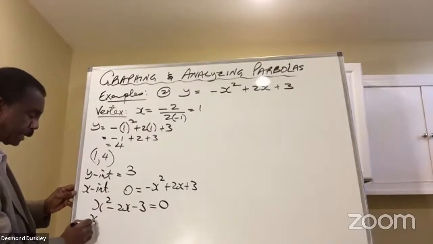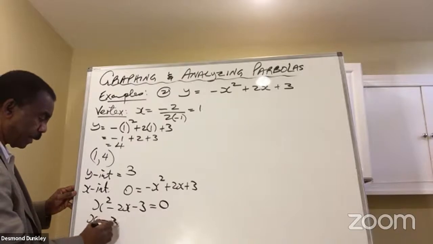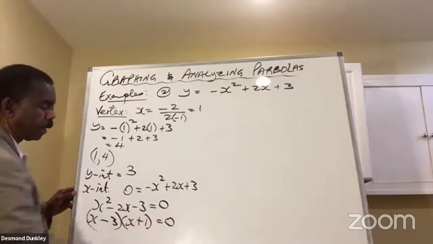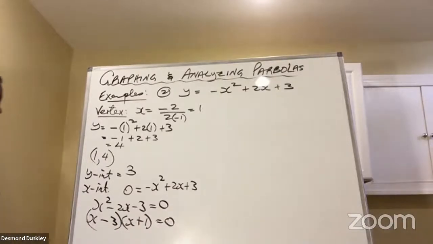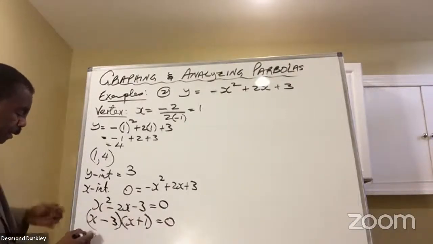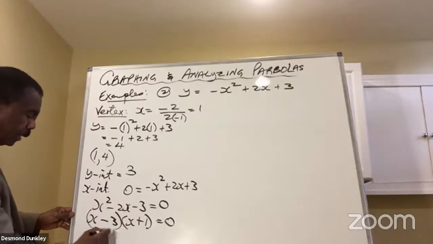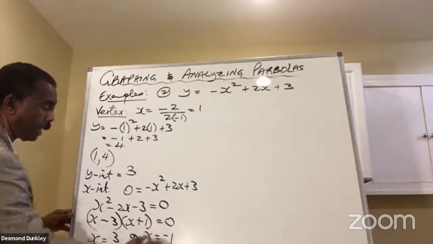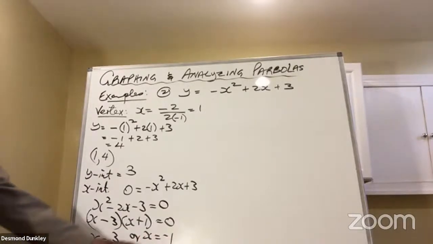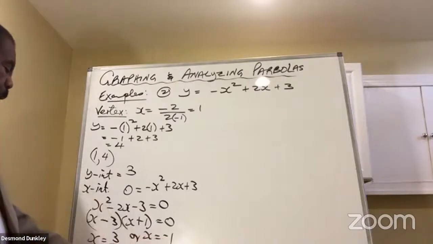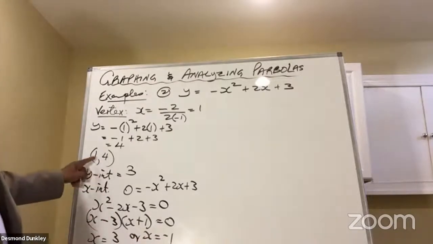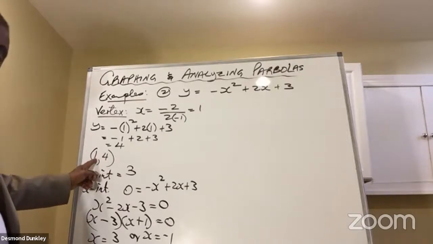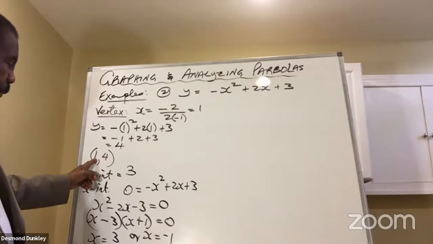I see I have x minus 3 and x plus 1. And then from here, I can see that my x-intercepts are x equal to 3 or x equal to negative 1. So we know that our intercepts are at negative 1 and positive 3, and we know that our vertex is 1, 4, where this x equal to 1 is the axis of symmetry.